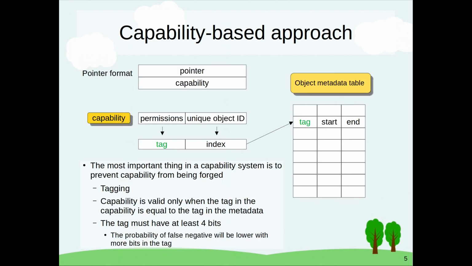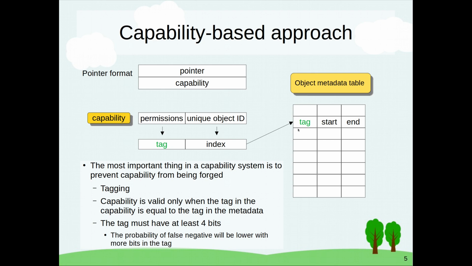So here is the pointer format for the capability-based approach. The pointer is followed by a capability, and the capability by definition is permissions plus a unique object ID. In the capability-based approach, all the objects in the program will have an entry in the object metadata table that stores the start address and the end address of the object.